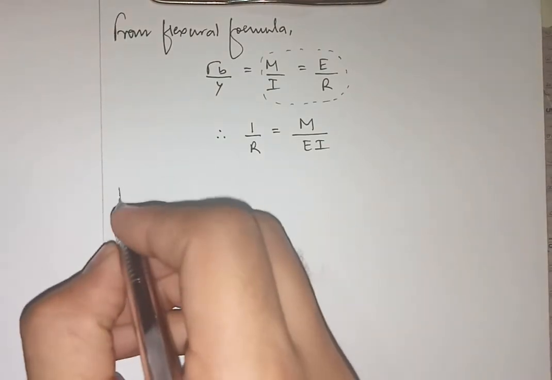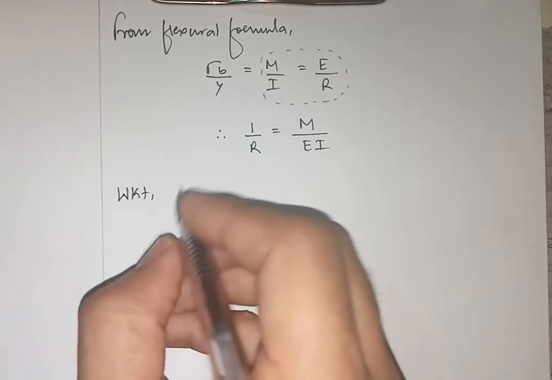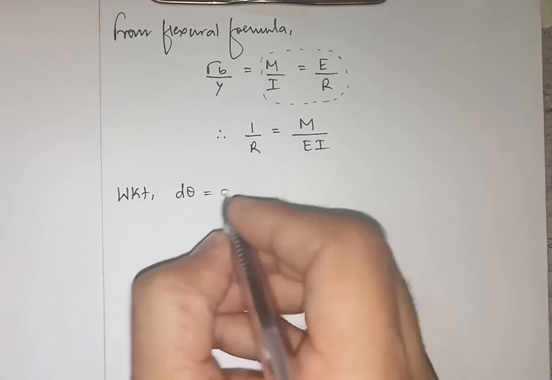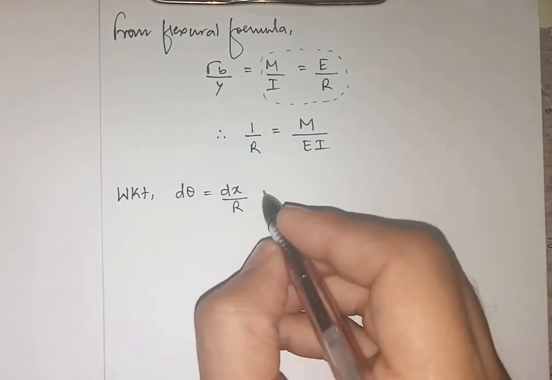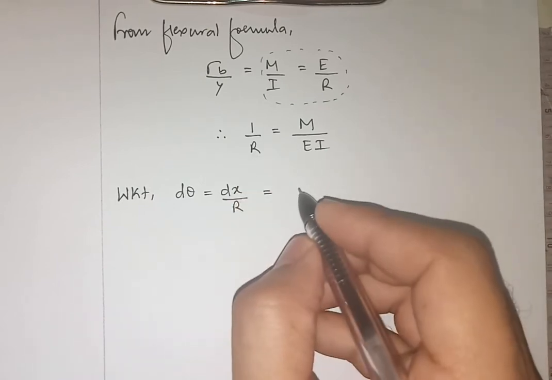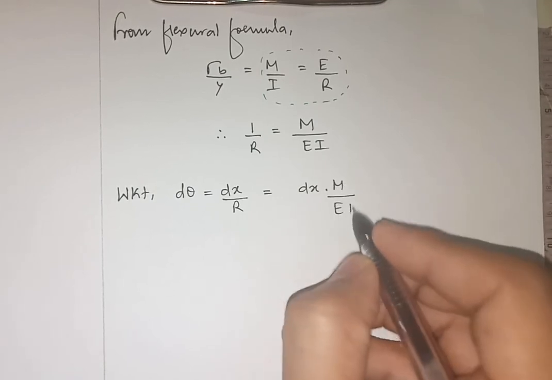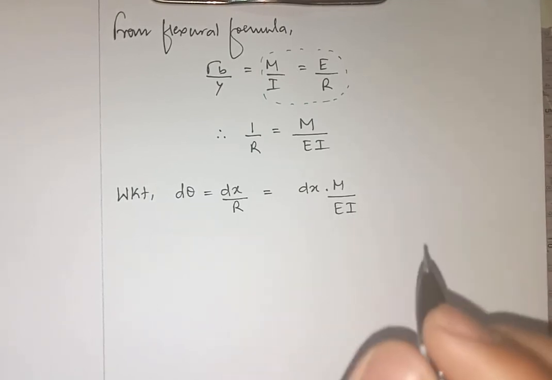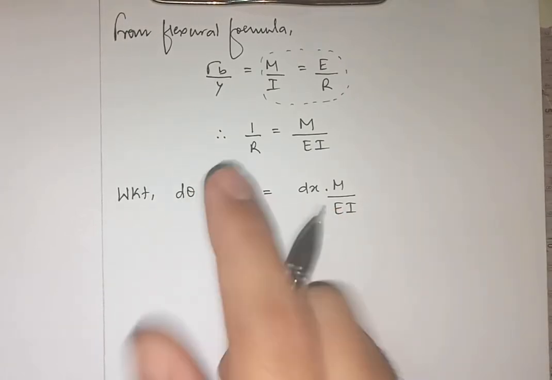So we know that d theta is equal to dx by R, right? So that can be written as, here you have 1 by R, so it is dx into M divided by E into I. Now this is the expression for d theta.